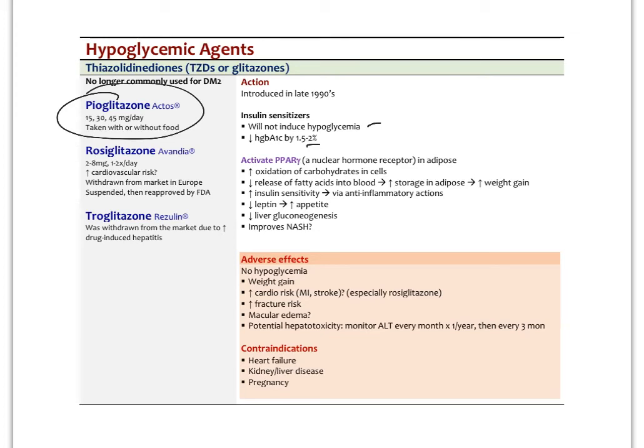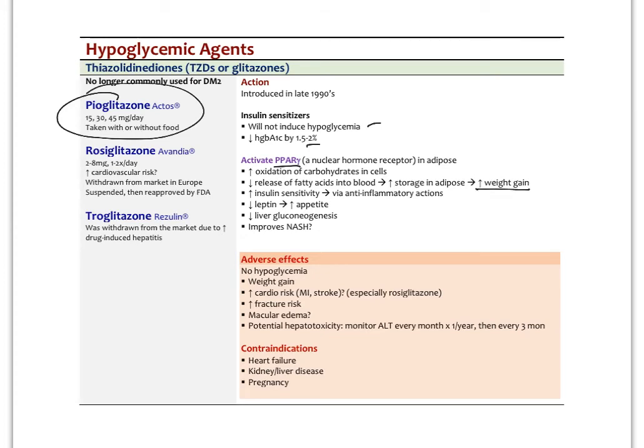The way these work is they activate a specific receptor called PPAR gamma in adipose tissue, and that causes the oxidation of carbohydrates in cells. It decreases the release of fatty acids into the blood, increases storage in adipose, and the net effect of that will be to decrease blood sugar, blood fat, triglycerides, but increase weight gain.